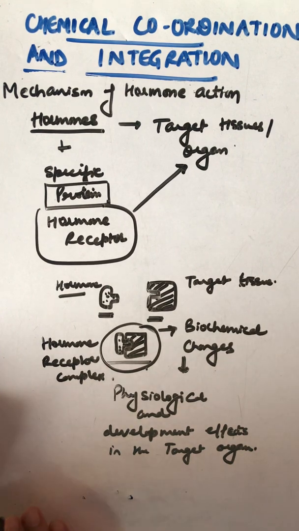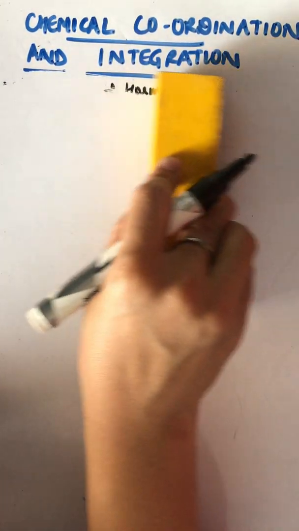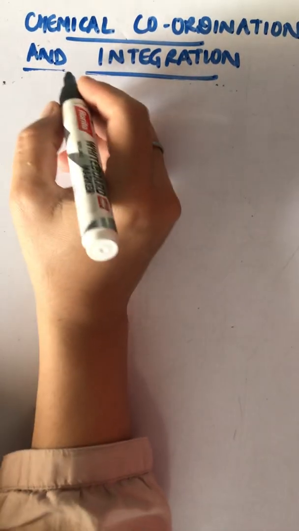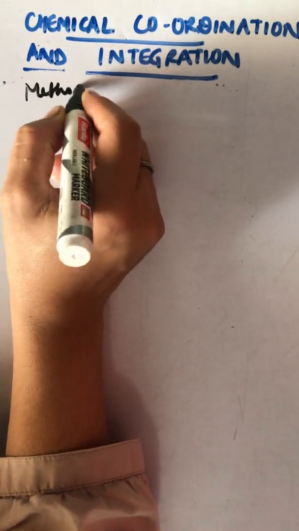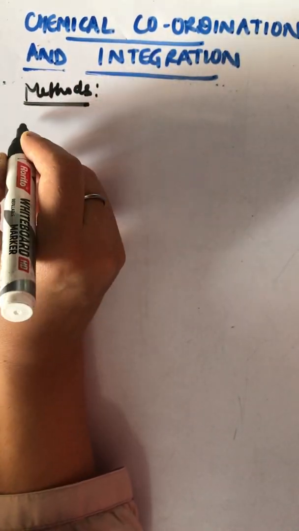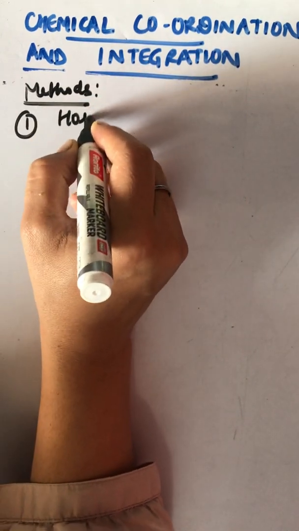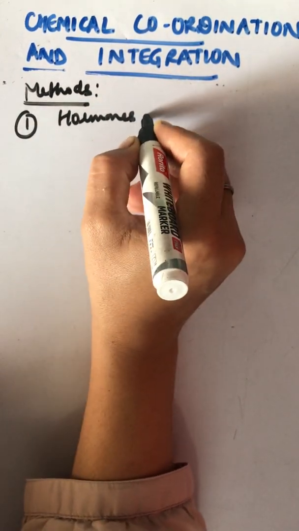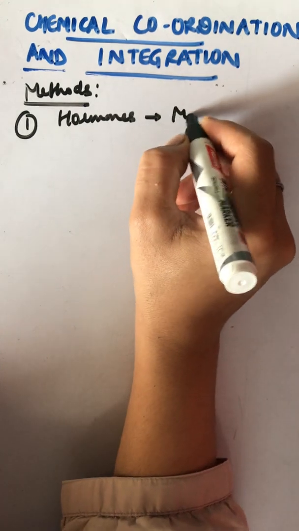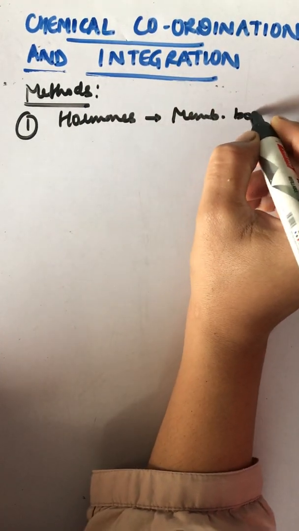Now there are two methods in which the hormones function. And the two methods of hormone functioning are: number one, hormones interact with the membrane bound receptor.